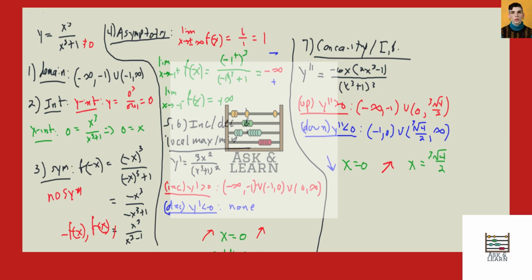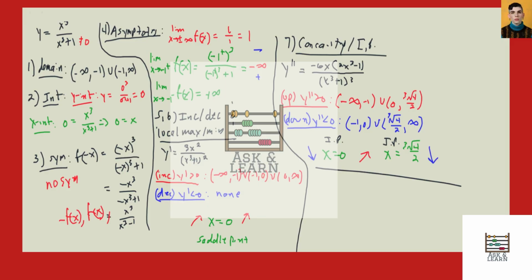And to the right of cube root of 4 over 2, the function is going to be concave down. So we can see that all of these are points of inflection. Now this was the last thing they told us we should do before we actually start graphing. So let's go ahead and graph.